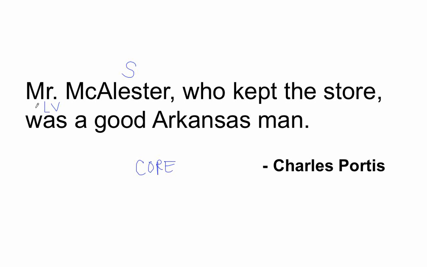So Mr. McAllister was a good Arkansas man is your core sentence, which makes this clause in between the commas your adjective clause. What signaled the adjective clause is the presence of the subordinator who: who kept the store.